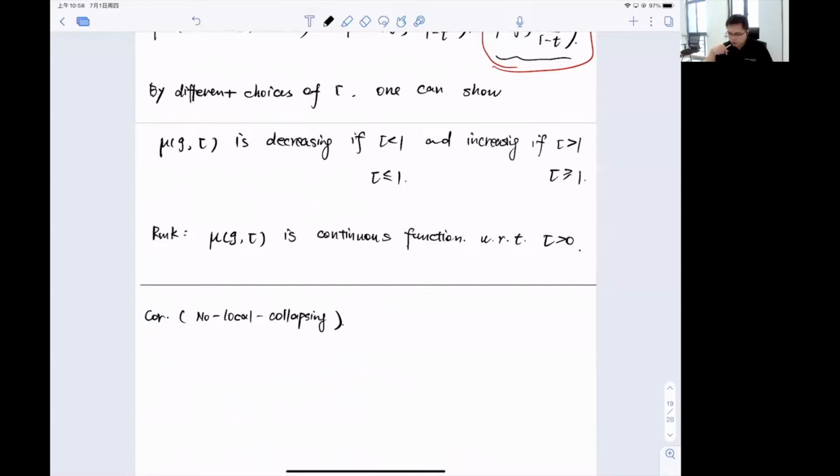Then by using the no-local collapsing theorem, we can show that any such ancient solution must be Kappa non-collapsed. So that automatically excludes the cigar singularity. So this is also called the Kappa non-collapsing property.